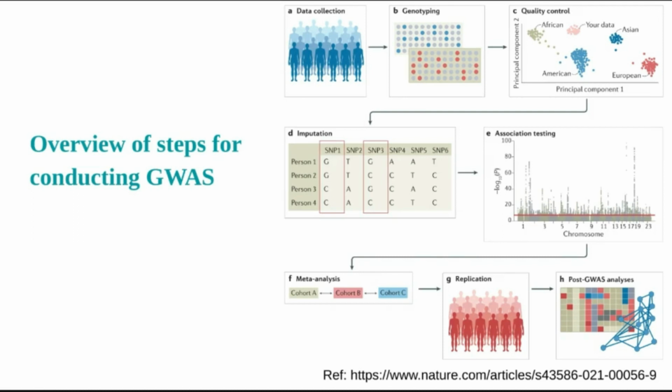It might depend on the sequencing technology. So we have to do that kind of imputation, and then go again for association testing. There are n numbers of methods for association testing.